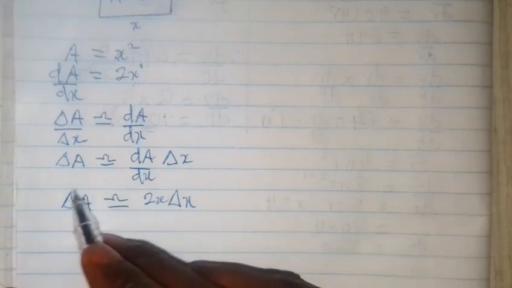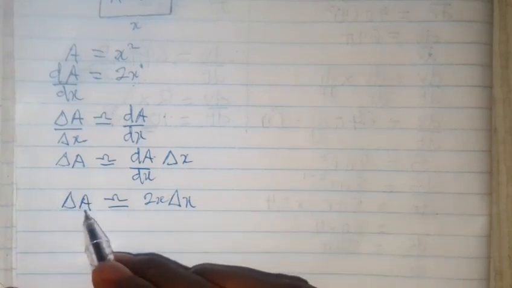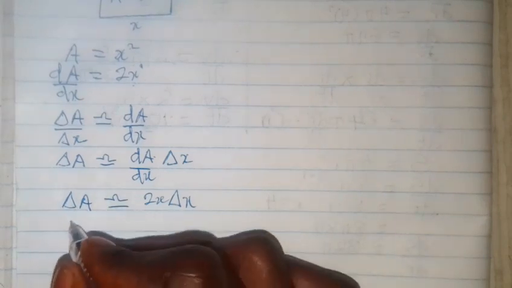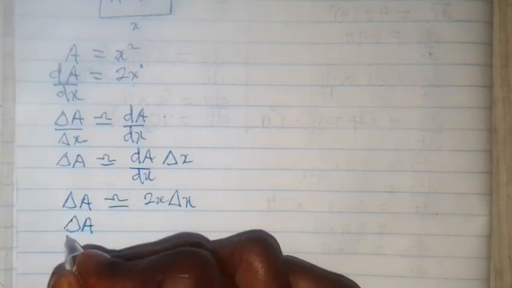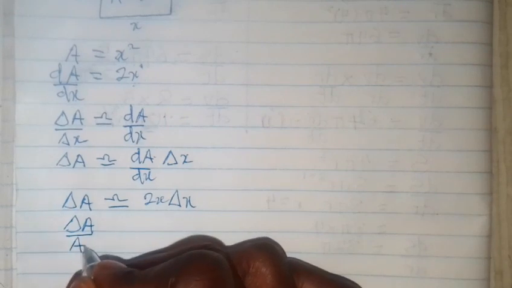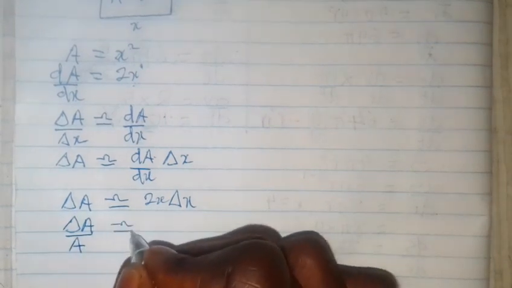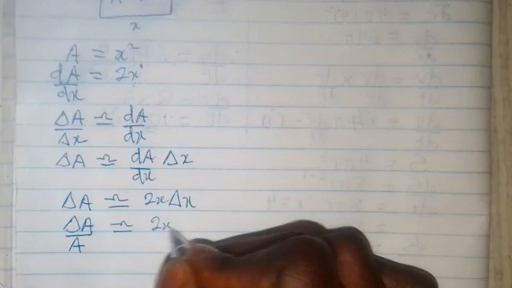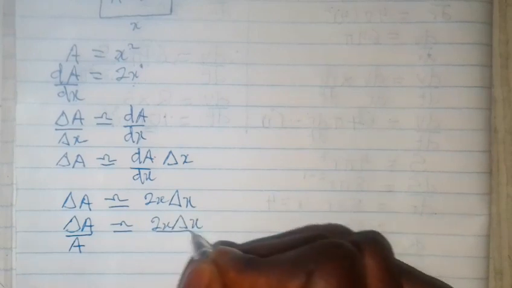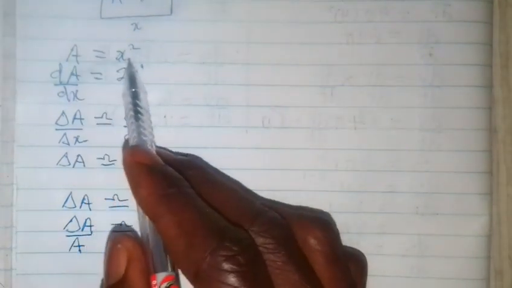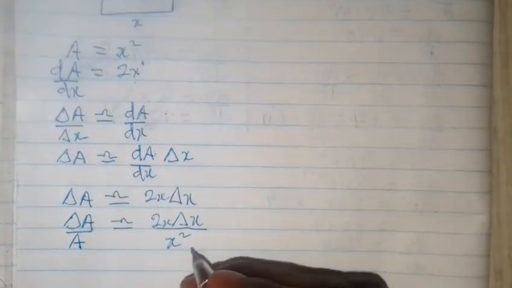Now, the next thing we are going to do is this. We are going to write this change in area as a ratio of the original area. So we can say that delta A over A will approximately equal 2x delta x, then divide by x squared. Don't forget that A is equal to x squared, as you can see from where we started. Now, what does this mean?